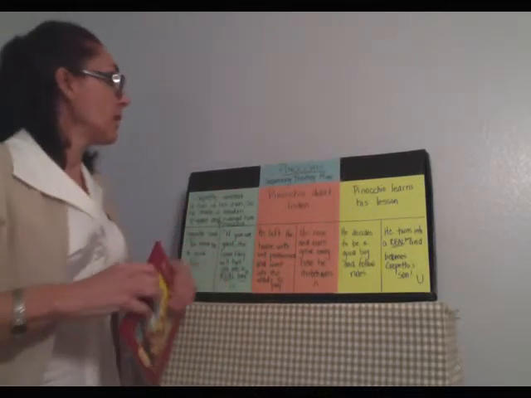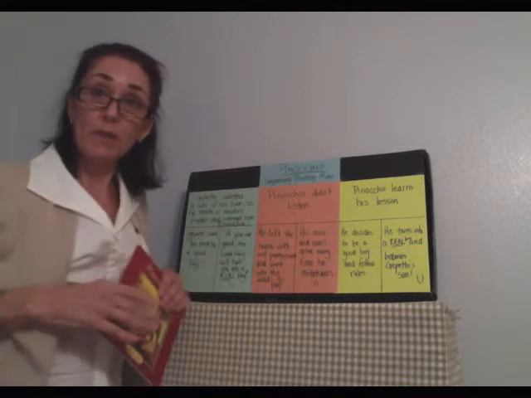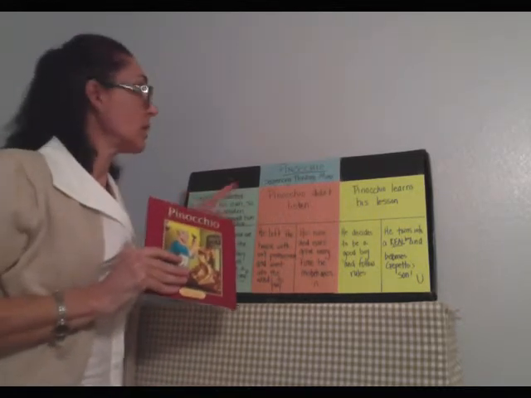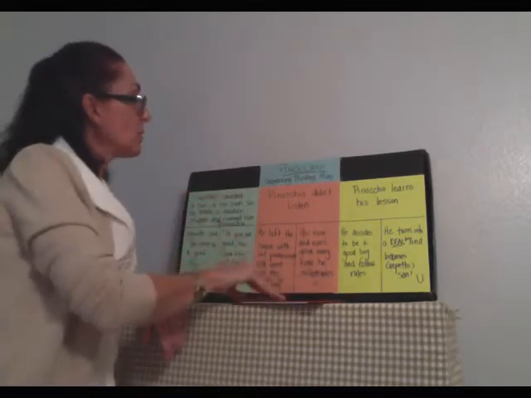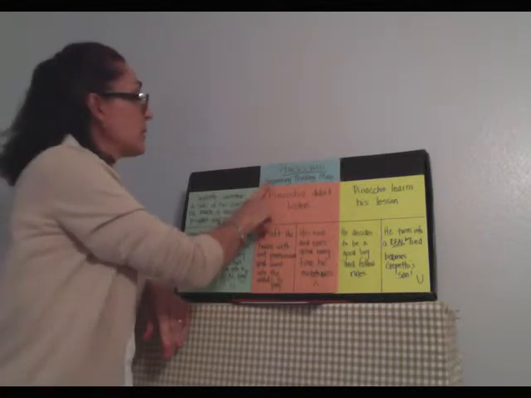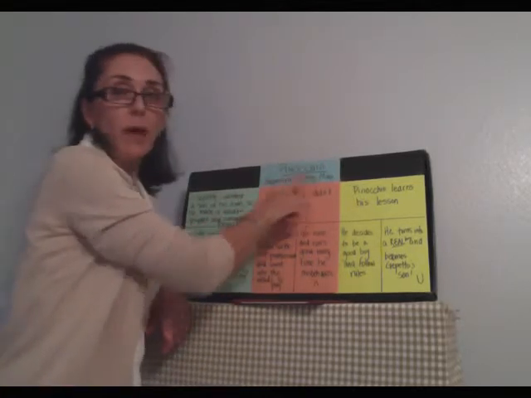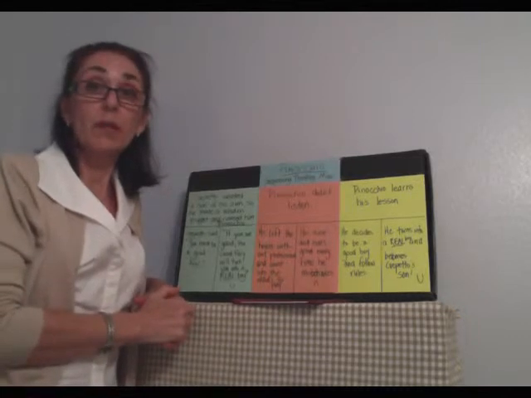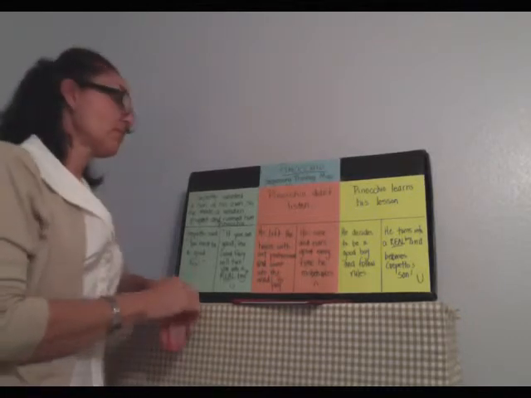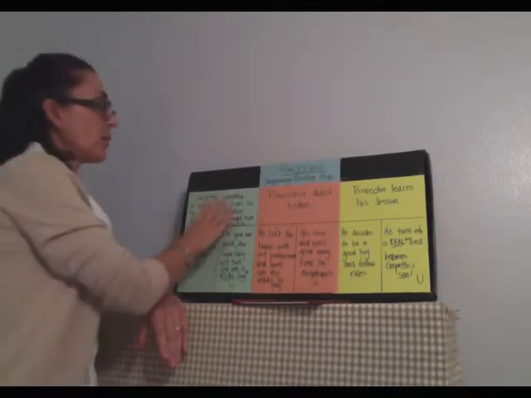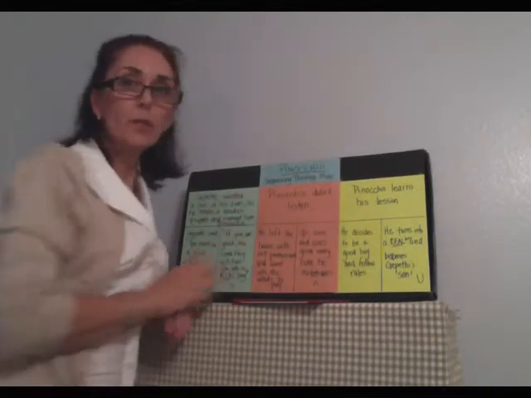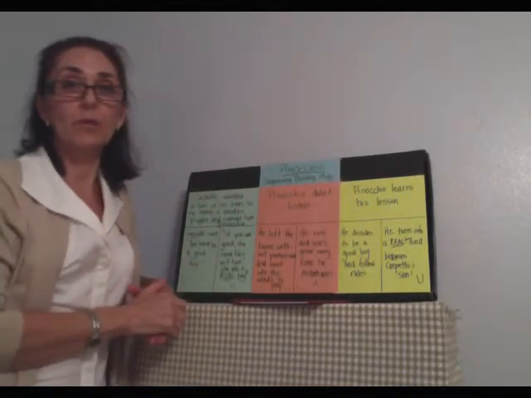So the thinking map, I've entitled it Pinocchio. Why? Because that's our story. So we put the story title on the top. I've also written the words to remind us that this is a sequencing thinking map. Again, sequencing means putting things in order. If you'll see here, I've got 3 separate boxes, and each box represents a separate portion of the story.